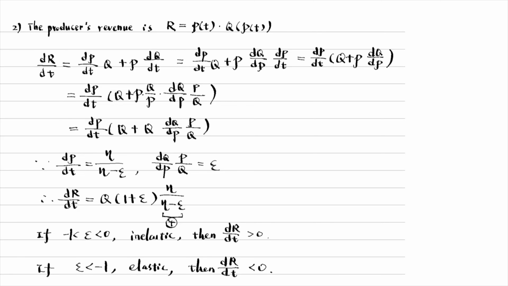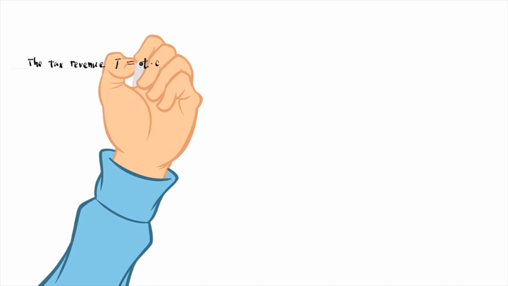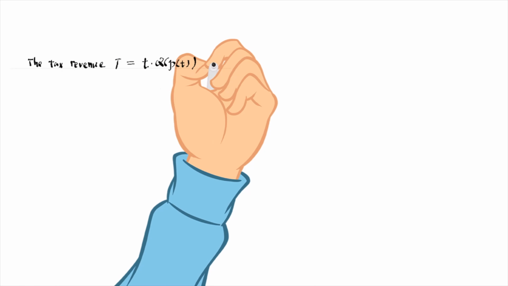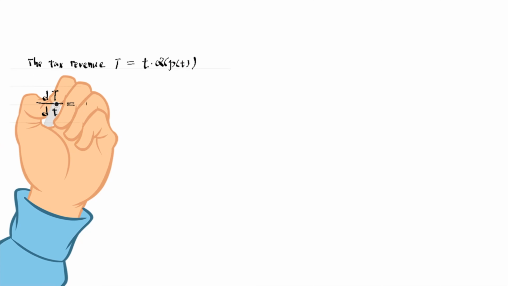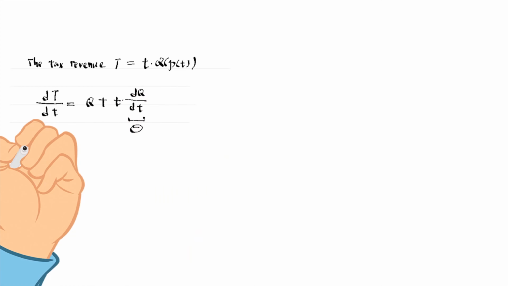If the revenue refers to the tax revenue, then it equals T times quantity. The change in the tax revenue in response to the change in the tax is as follows.